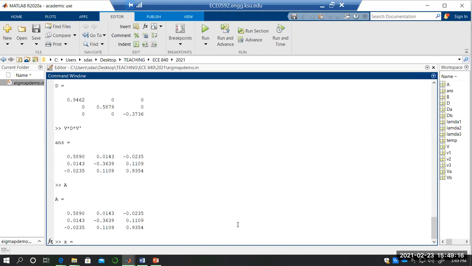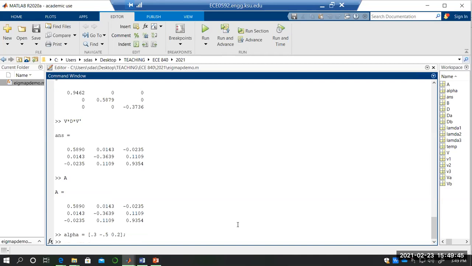Let its coefficients be, let's say, alpha equals 0.3, negative 0.5, and 0.2. So these are the coefficients, the components of the vector x along v1, v2, and v3. So x equals, what do I do?